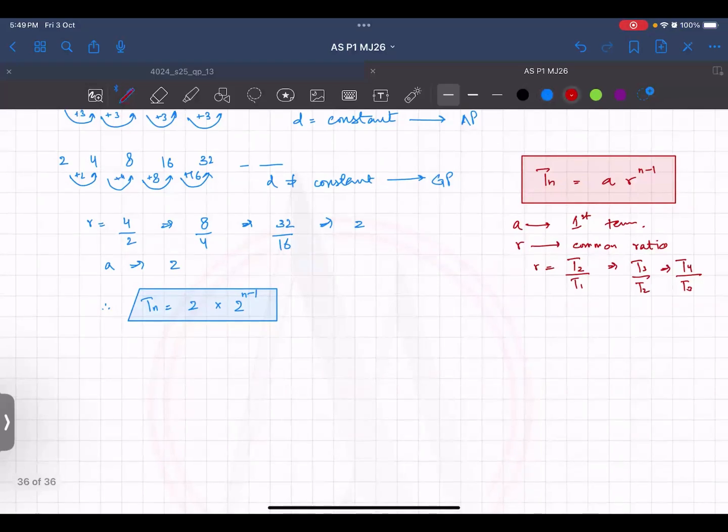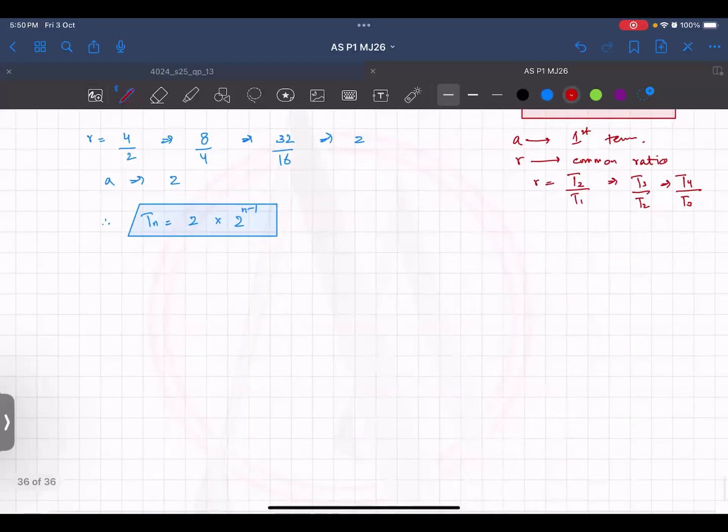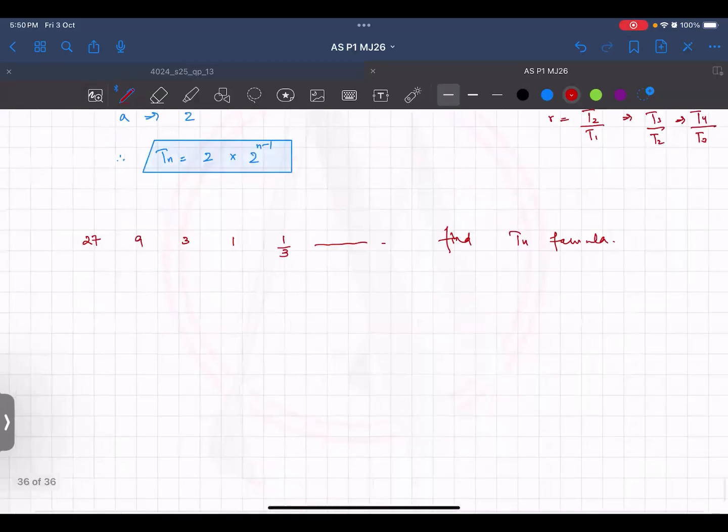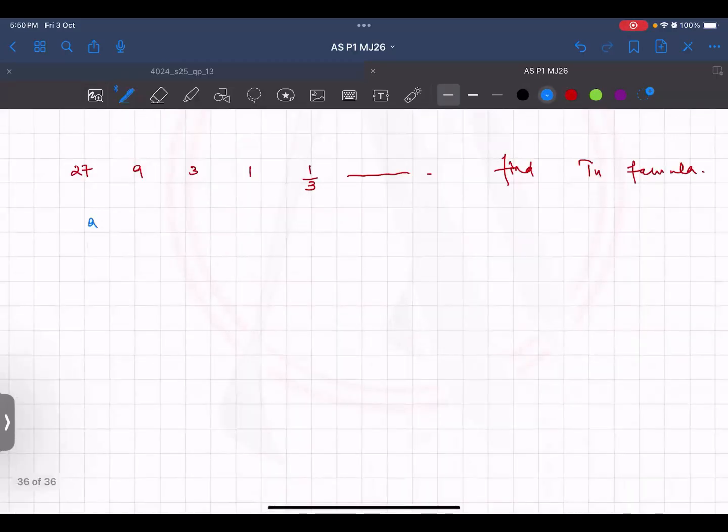So let's do some more examples. For example, you have 27, then let's suppose 9, then 3, then 1, then 1 upon 3, and so on. They're asking to find the TN formula. So you have the A, which is simply the first term, 27.